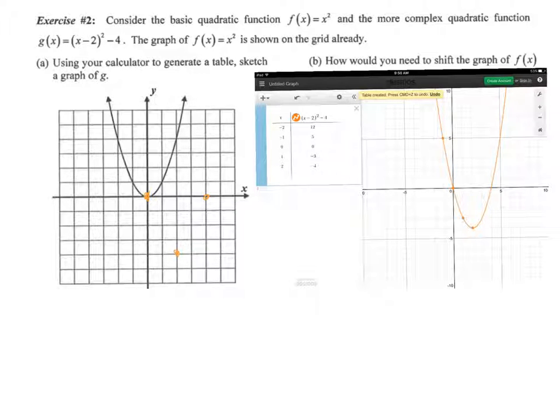The next point it goes through is 1, negative 3. Looks like it also goes through right here. And we have our graph. You can also put a point at negative 1, 5, and the same on the other side. So here is our new graph.